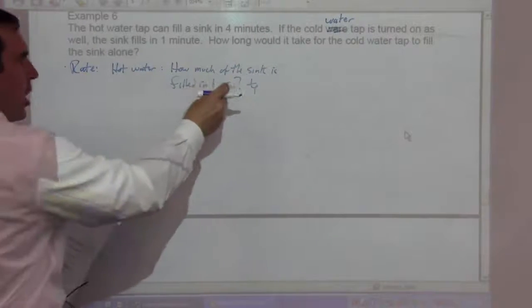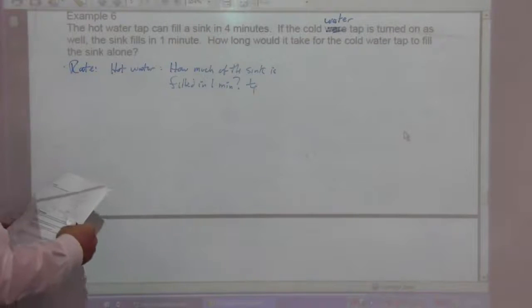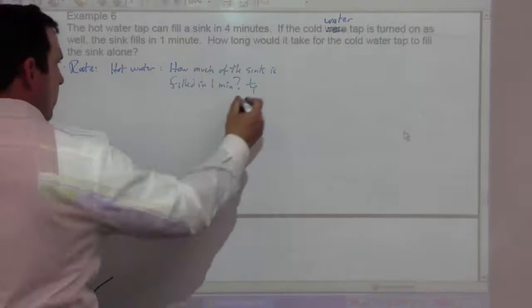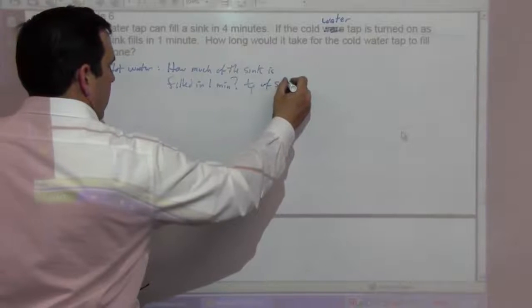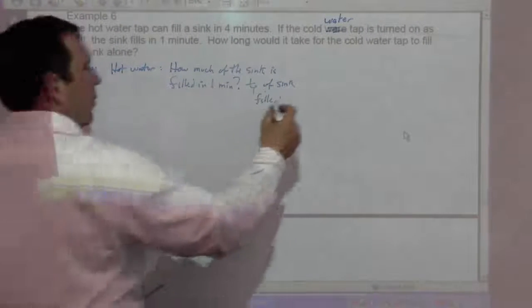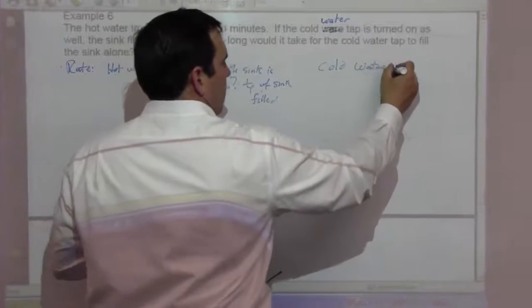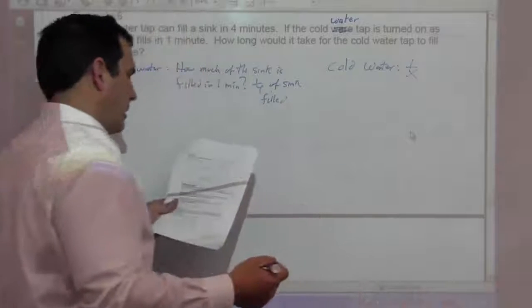So it'll do a quarter of the job in 1 minute because it takes 4 minutes for the whole thing. For cold water, it's going to be 1 over x. We don't know how long it takes.